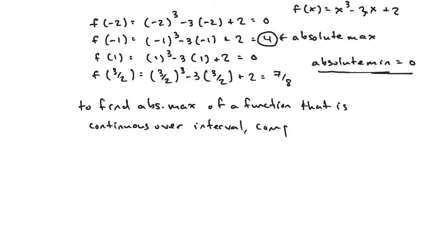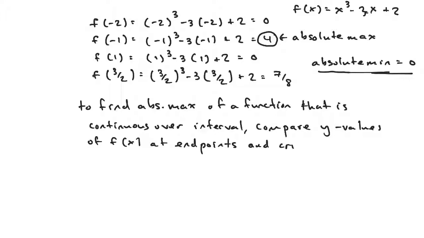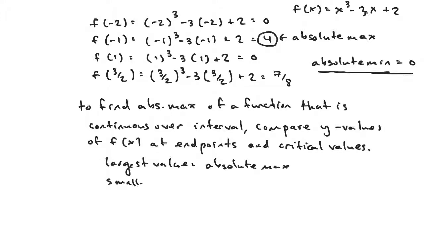What we're going to do is compare the y values of f of x at the endpoints and critical values, and then the largest value is going to be the absolute max, and the smallest value is going to be the absolute min. Okay, so this should be helpful for the quizzes that you have to do.